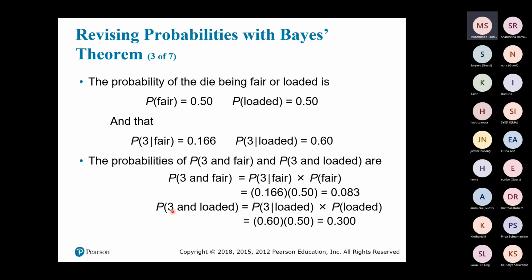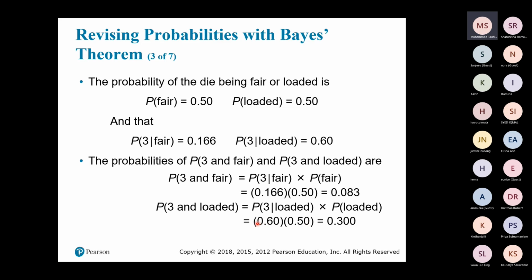Okay, and then what is the probability of getting number 3 and picking the modified die? The answer is the probability of getting number 3 when you throw the modified die multiplied by the probability of choosing the modified die, which is 0.5.